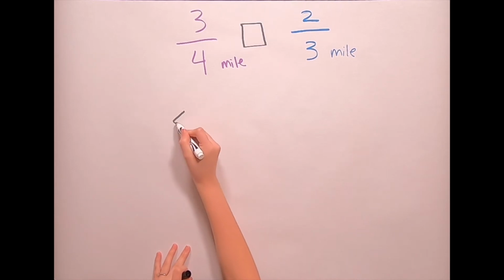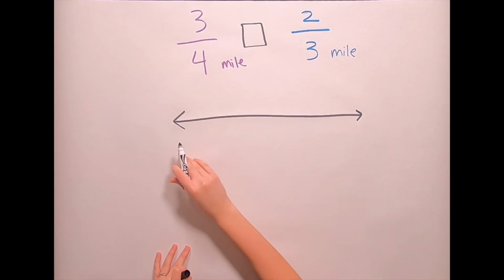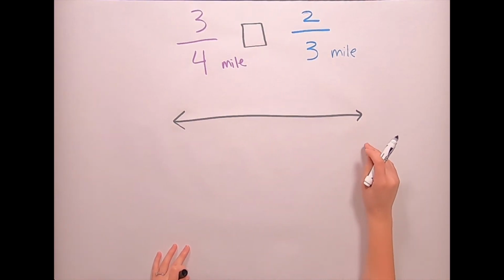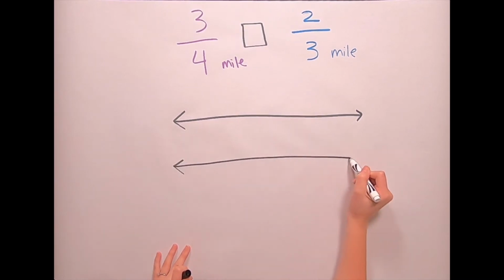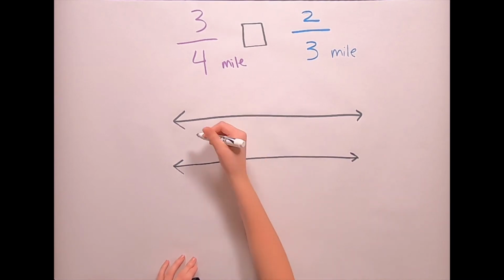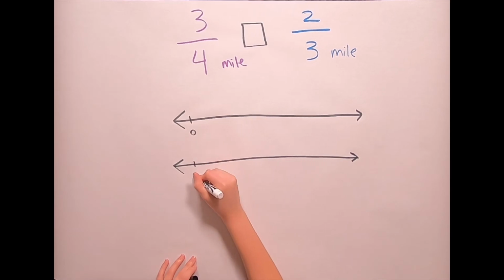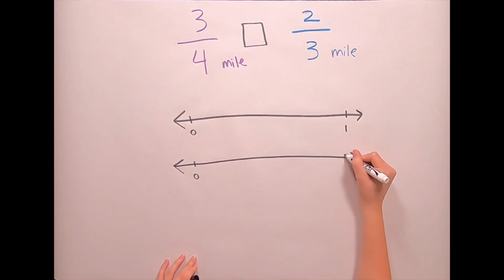So I'll draw this first number line, and this one is going to represent how far my sister ran. Since I'm comparing, I'll write my next number line right underneath it, which will represent how far I ran. The number line's going to start at 0, so will this one, and end at 1.